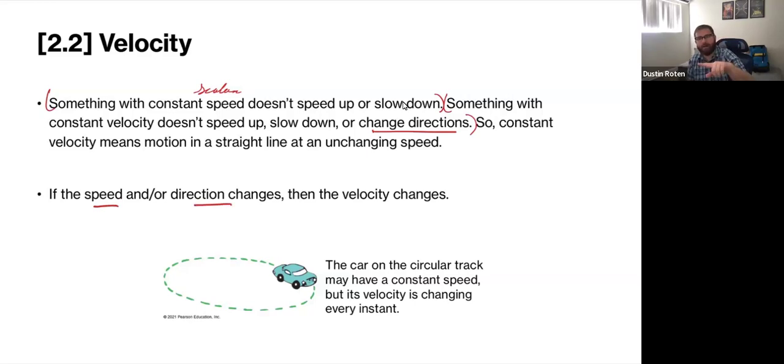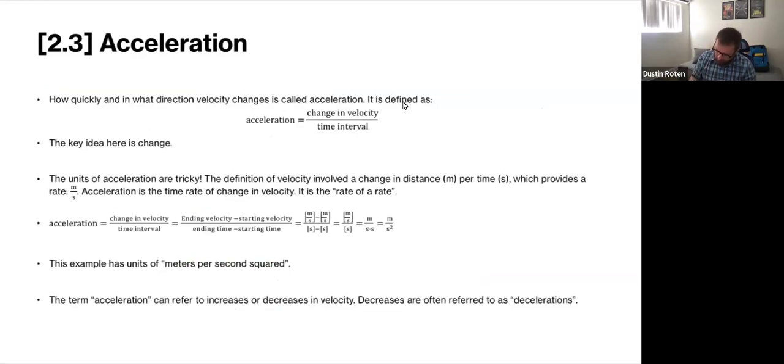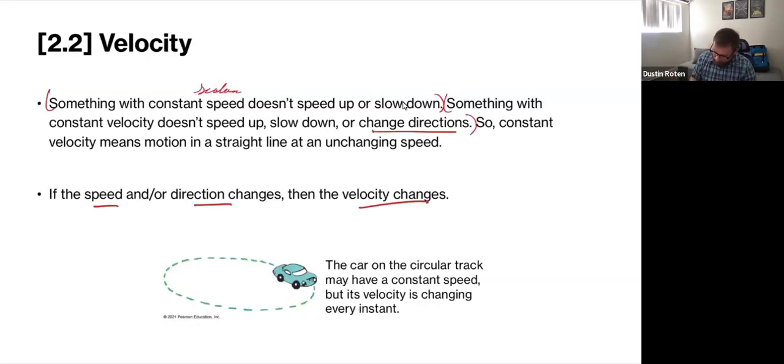So you can think about this car. Even if the car's speedometer says the same thing the whole time it's driving, it's still accelerating because the direction is changing. That does mean this velocity is changing, is turning, but I said acceleration, so that's going to bring us into our next point.